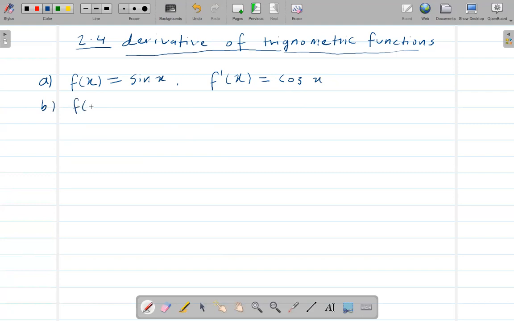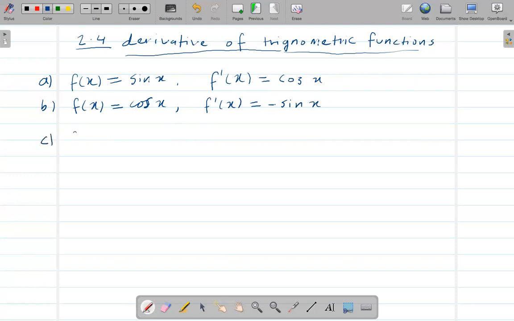Similarly, let's say f of x is cosine x. When you take the derivative of cosine x, f prime of x is negative sine x, whereas the derivative of sine is positive cosine x.